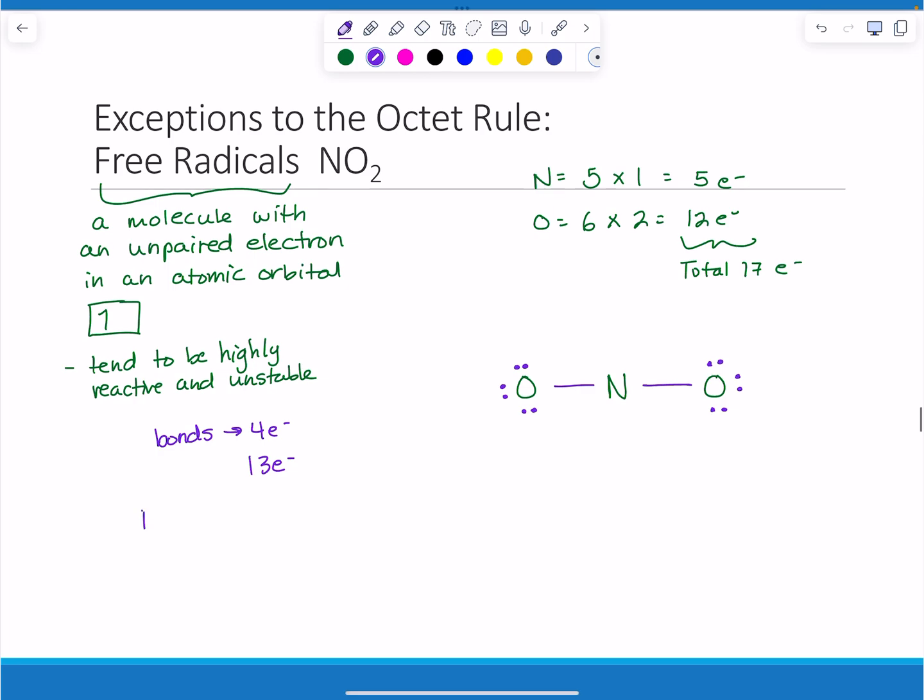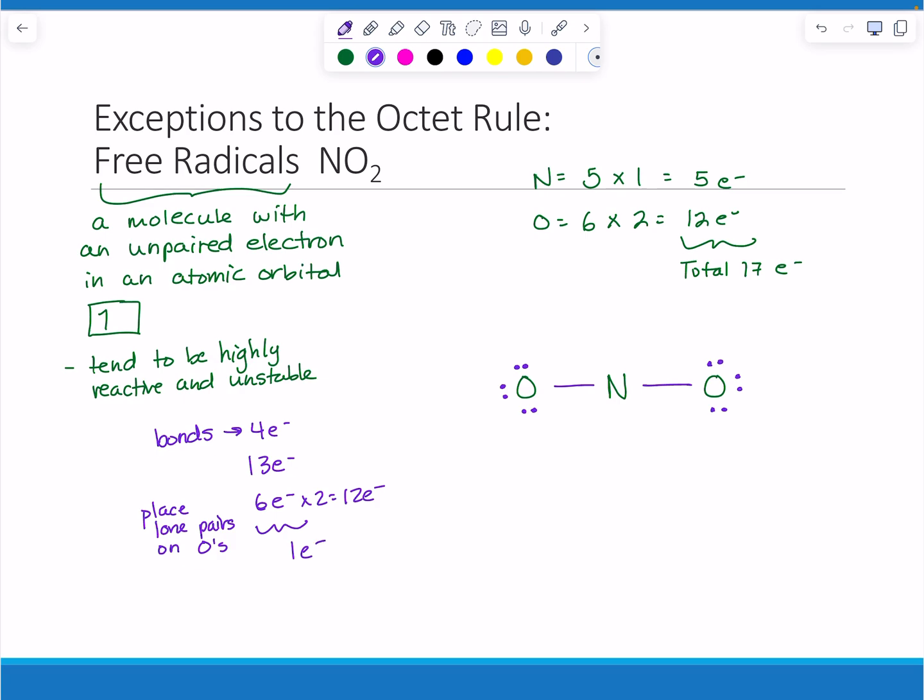So place 6 electrons on the oxygens, okay? So what that means is, on each oxygen, okay? So that leaves us 1 electron left to place, okay?